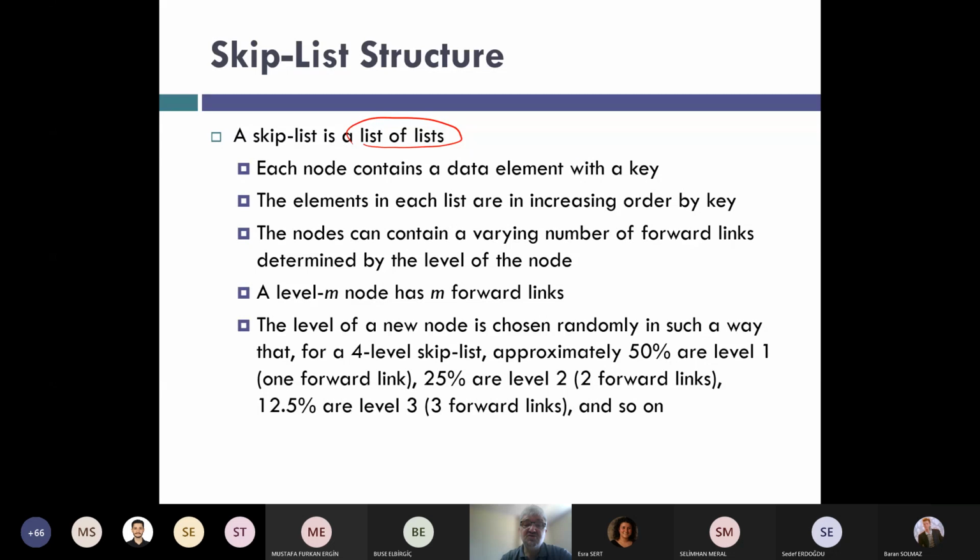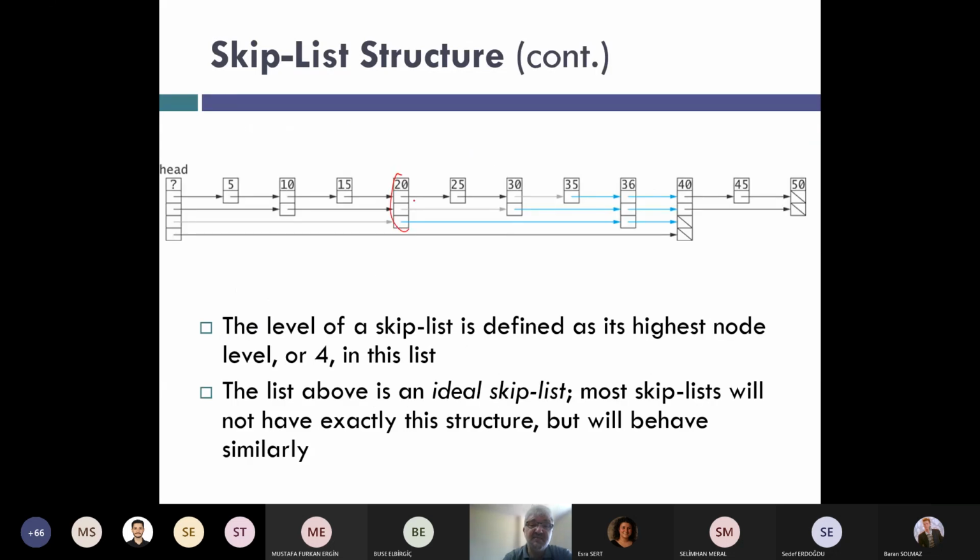As in here, for example, 20 is a part of this linked list of 10, 20, 30, 36, and 40, and also a part of a linked list that contains 5, 10, 15, 20, 25, 30, 35, etc. All the elements are in this linked list, right?